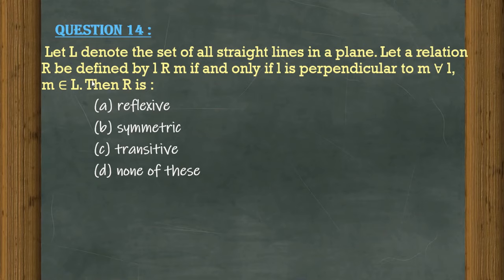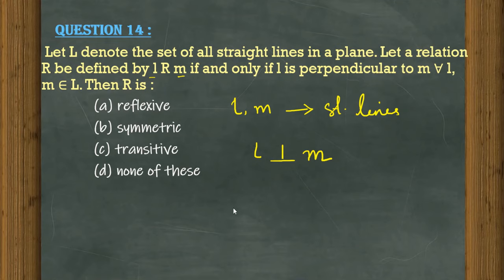Let a relation R be defined by L R M if and only if L is perpendicular to M, for all L, M belonging to L. That means L and M both are straight lines, and L is perpendicular to M. Then R is reflexive, or symmetric, or transitive, or none of these.